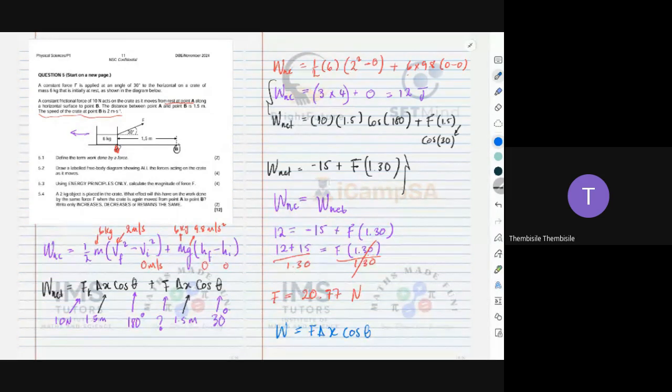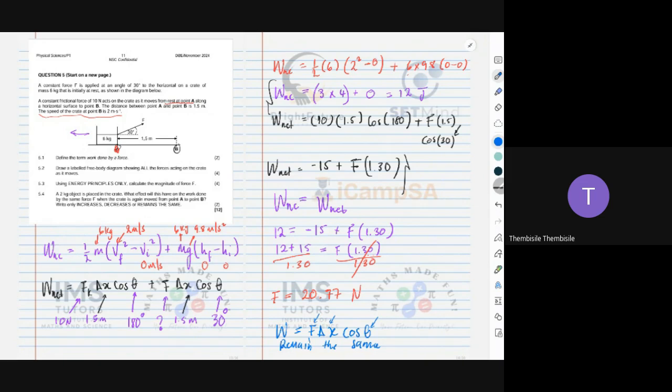But if they had changed the displacement or the angle or the force, then our work done would change. So in this case, we can simply say it's going to remain the same.